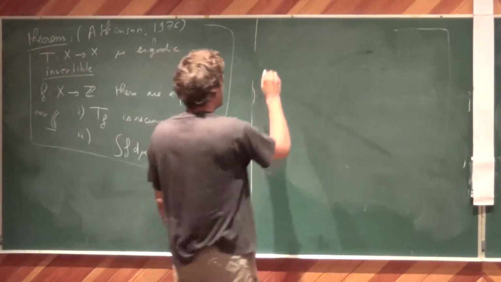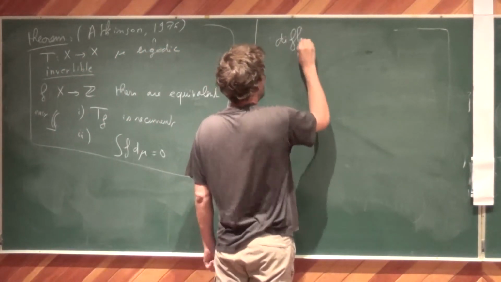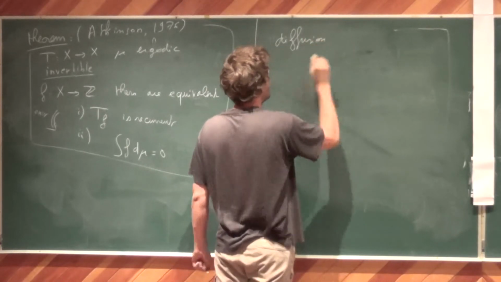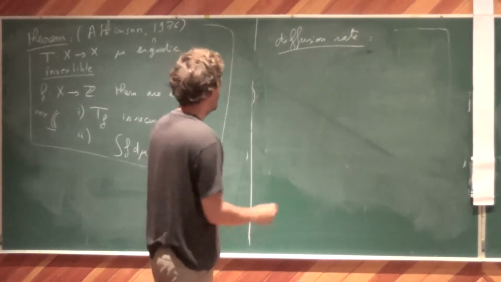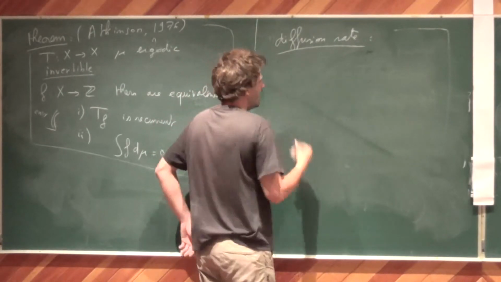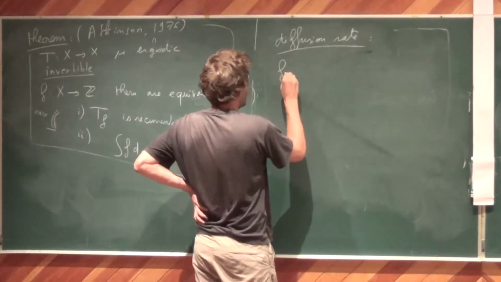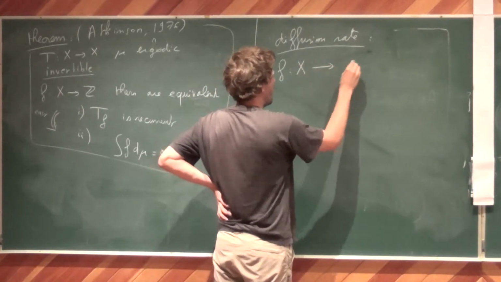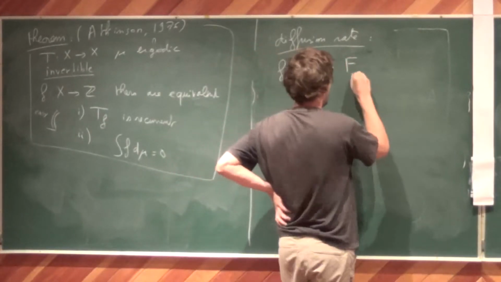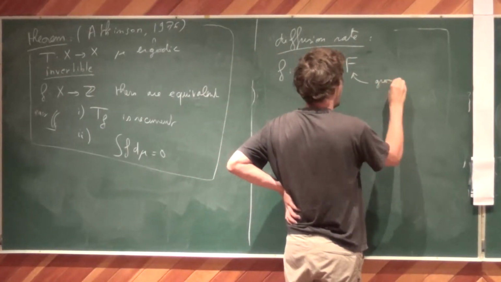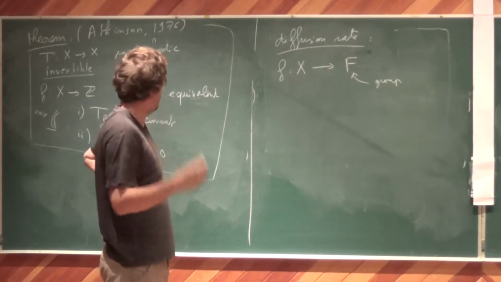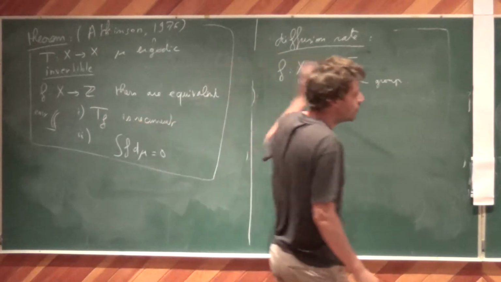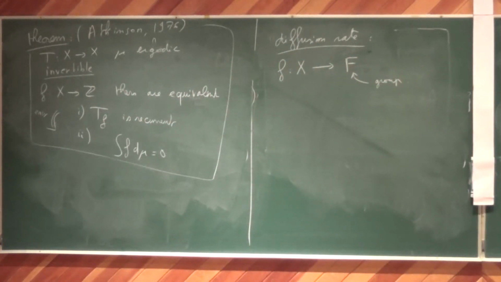What I want to do is to introduce diffusion rate and to state a theorem about a link between the diffusion rate and the recurrence. So, take the general scheme. You have a map X from a group F now, and those two theorems are dedicated only to the abelian case.